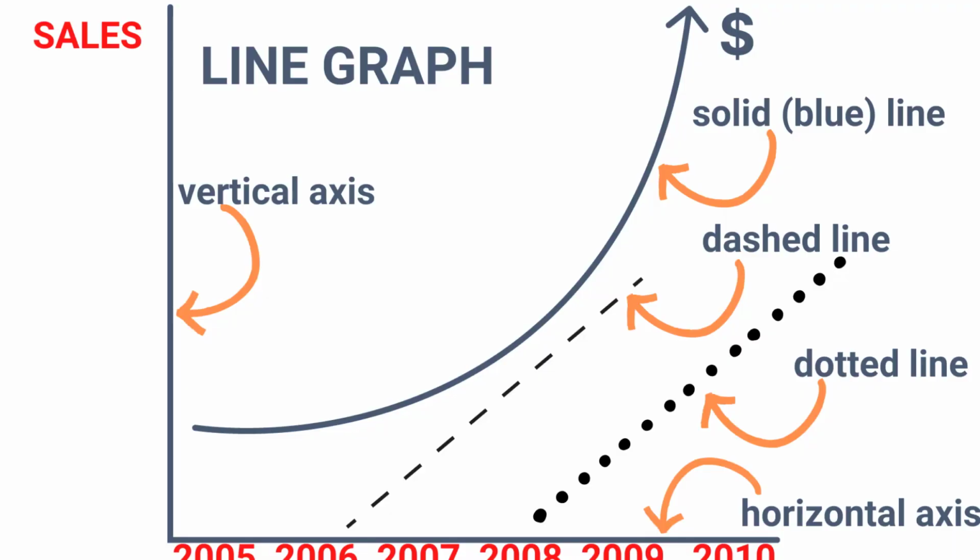It could be on a line graph that there are different kinds of lines. It could be they're different in colour. They could be red, blue, orange. They could be different in terms of characteristics. So here, for example, I've given you the example of a solid line, a dotted line, and a dash line.